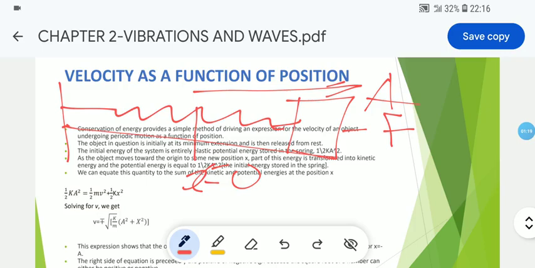So we were saying that you can express velocity as a function of position. In this case, from what we did previously, we talked about elastic potential energy, that it's the energy that a body possesses due to the applied force on that particular object.